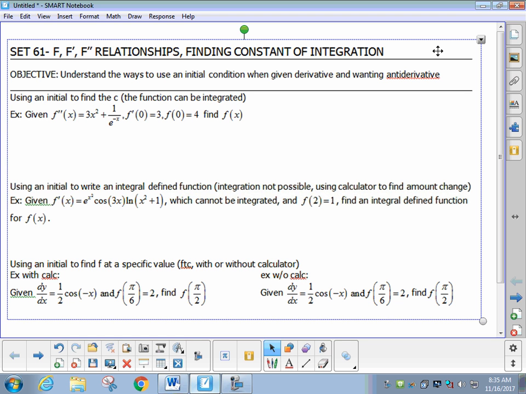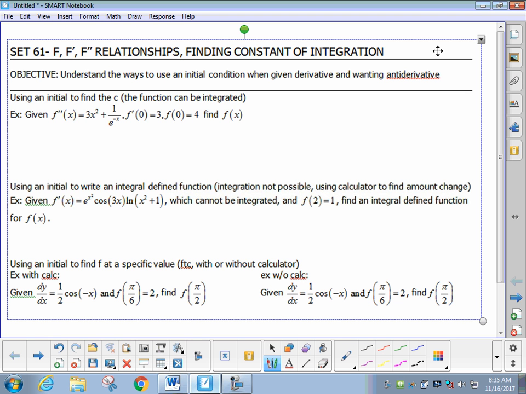So imagine if you had f double prime given. I give you an f prime and an f fact, and I want you to go to f of x. How would you get to f of x? Antiderivative. In fact, you'll probably need to take an antiderivative twice.